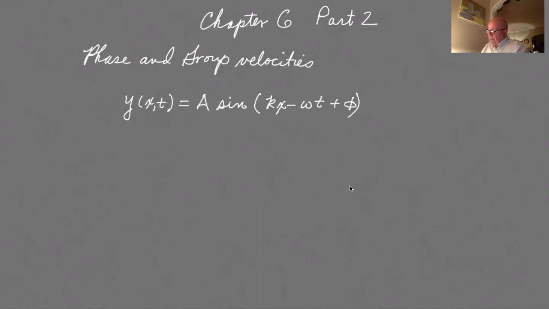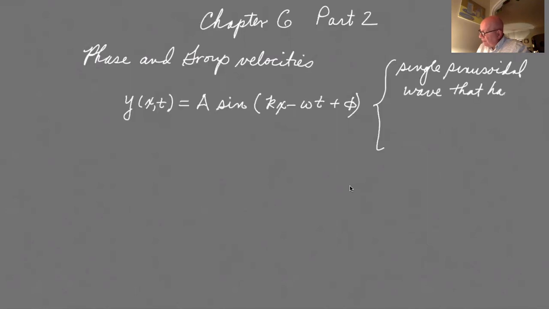Now, remember, this is going to be a single sinusoidal wave that has lived forever. I don't think we understand the ramifications of that yet, but you will as this chapter unfolds.